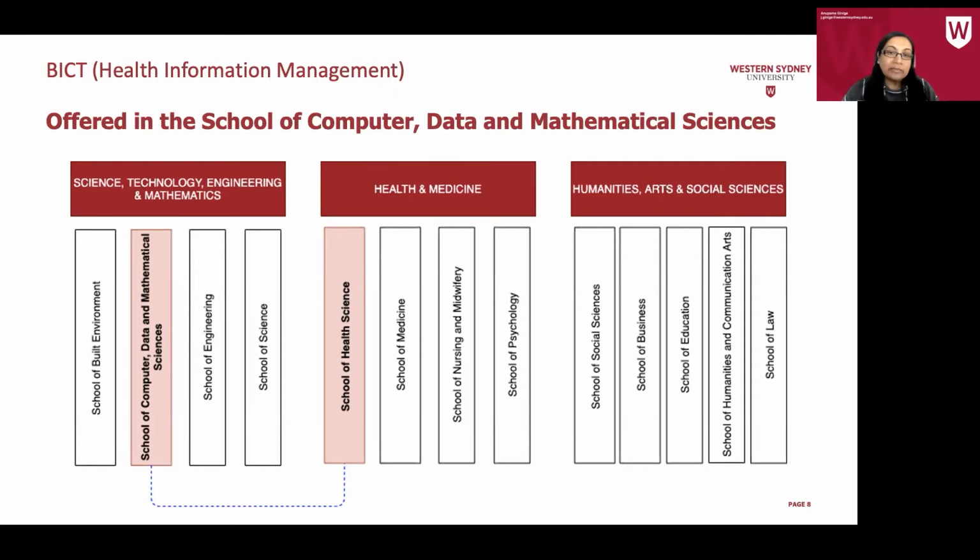Now, this particular degree, that BICT Health Information Management, is not only offered by our school, but it is actually a collaboration between our school and the School of Health Science, which is in a different cluster. So basically, you can imagine the ICT part comes from our school, and the health information management part comes from the other school.